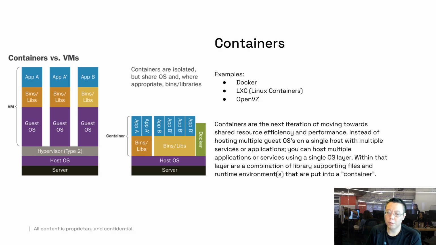Now, yet another abstraction, really a second abstraction, is, well, we have type 2 hypervisors right here. But you notice something here. We have to manage a host OS, a guest OS, and then we have to make sure that we have everything installed so that each application can run exactly how it needs to run. Libraries. So libraries are sections of code, functions, anything else that you externally reference that you did not use in your original code.